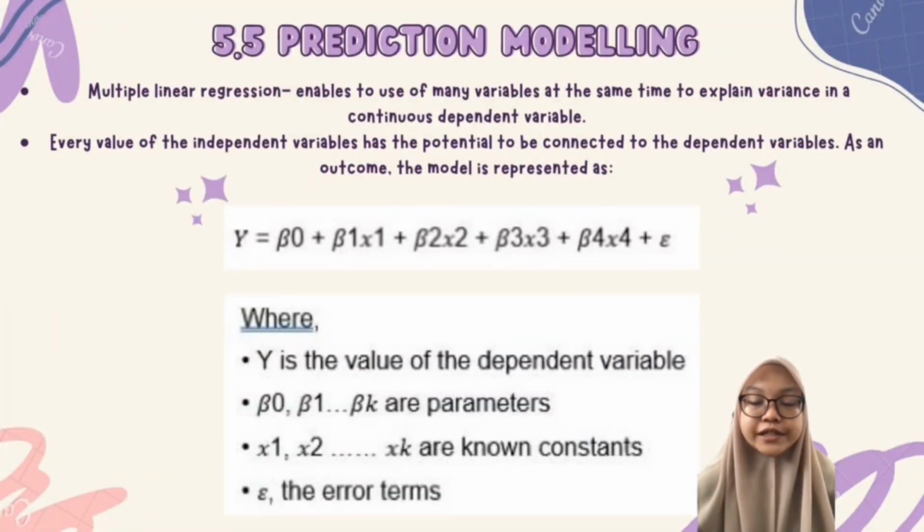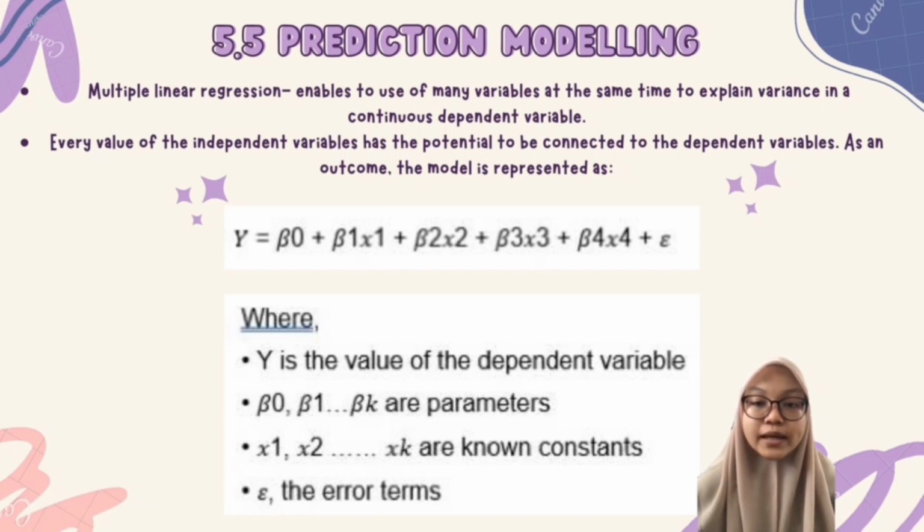5.5 Prediction modeling. The most popular type of regression analysis is multiple linear regression. It enables the use of many variables at the same time to explain variance in a continuous dependent variable. It also enables the isolation of the unique effect of one variable on the continuous dependent variable while keeping other variables in mind. As a result, every value of the independent variables has the potential to be connected to the dependent variable.